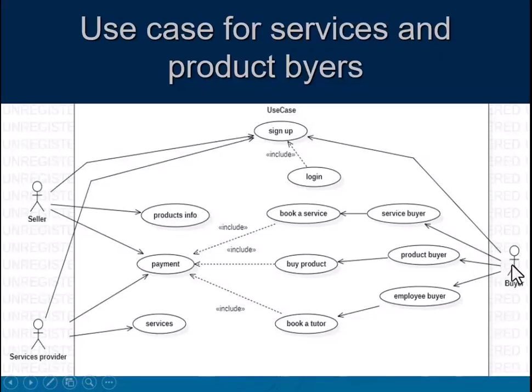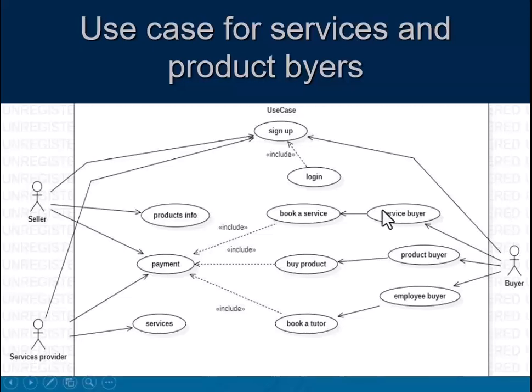When we talk about the buyer, the buyer can buy the products, services, and employ a buyer. This means a tutor. So we have three other features here on the buyer side. And this services buyer use case interacts with the book service. I already talked about this, that the relationship is not only of the actor with the use cases, but this relationship can be of one use case with another use case.